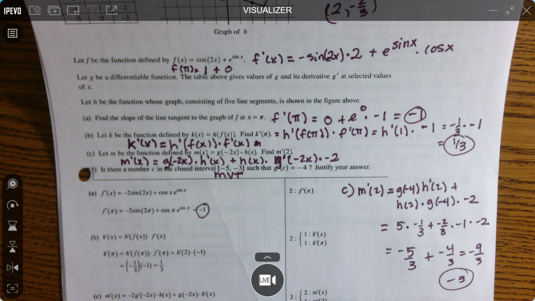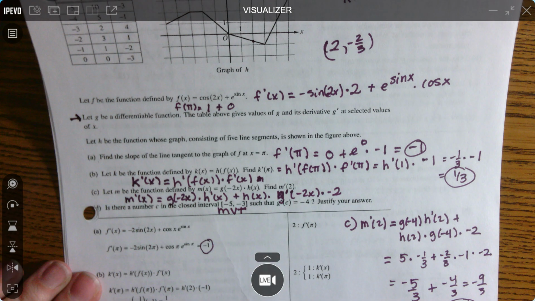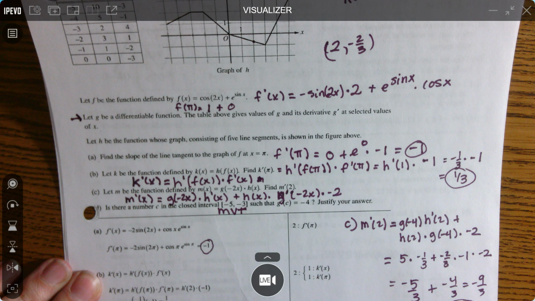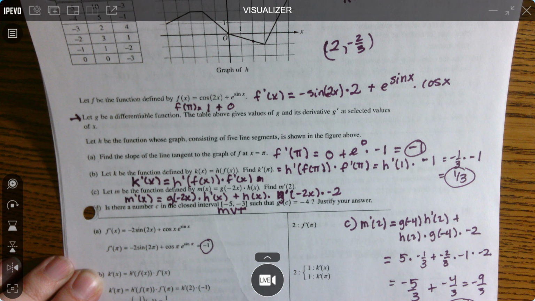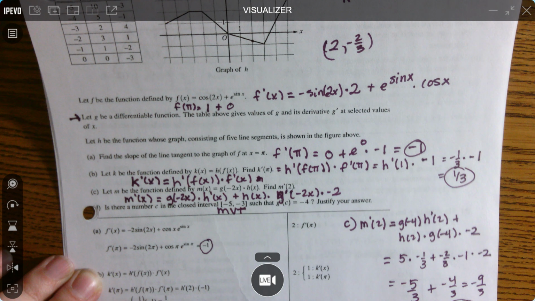So let's see. Let's read earlier. I'm going to read this line right here, which says, let G be a differentiable function. So let's first state that G is differentiable, which means it's continuous, because if it wasn't continuous, it wouldn't be differentiable.